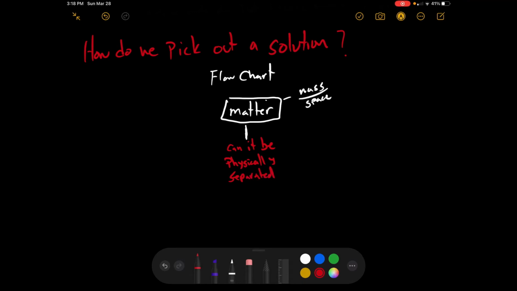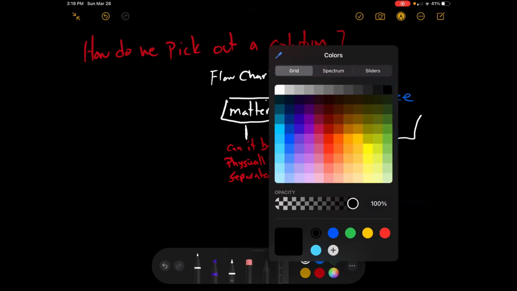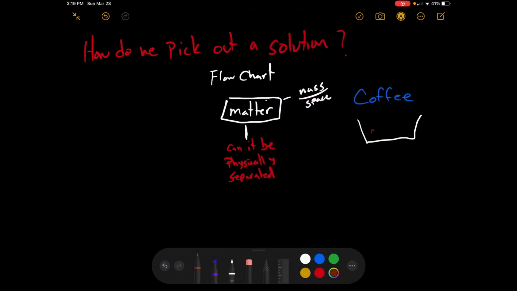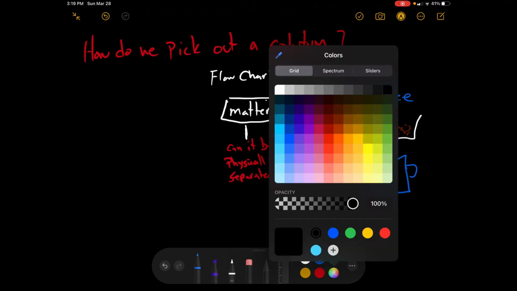Okay? And that just means, say, for example, you're brewing some coffee. Where do you put that coffee? You put that coffee in a filter, right? And we're going to make the coffee a little dark here so you can see it. Put that coffee in this filter, and you can create a cup of hot coffee.